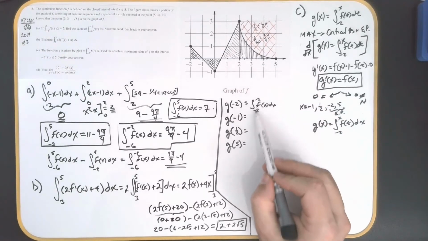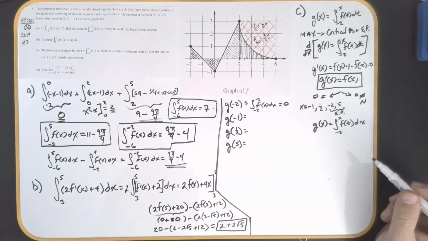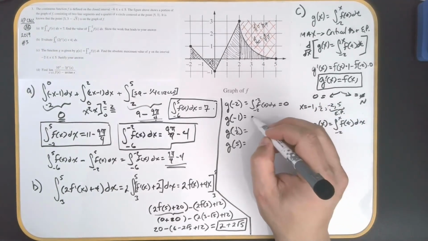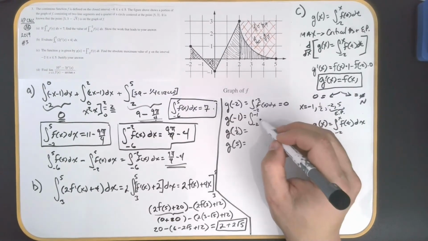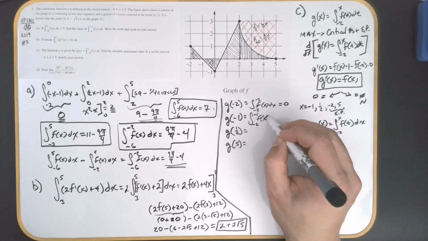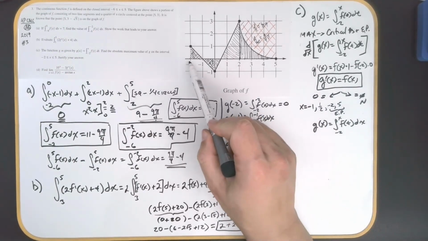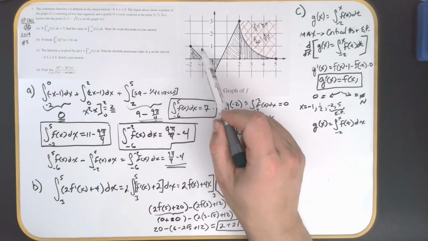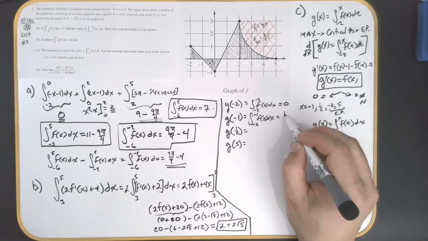Well, if your integral has no interval, it's just 0, so that was pretty easy. All right, let's try negative 1. We're going to integrate from negative 2 to negative 1 of f of x dx. Now we can just go to the picture. Integrating from negative 2 to negative 1, that's just that little square, but divided by 2, so that equals 1/2.